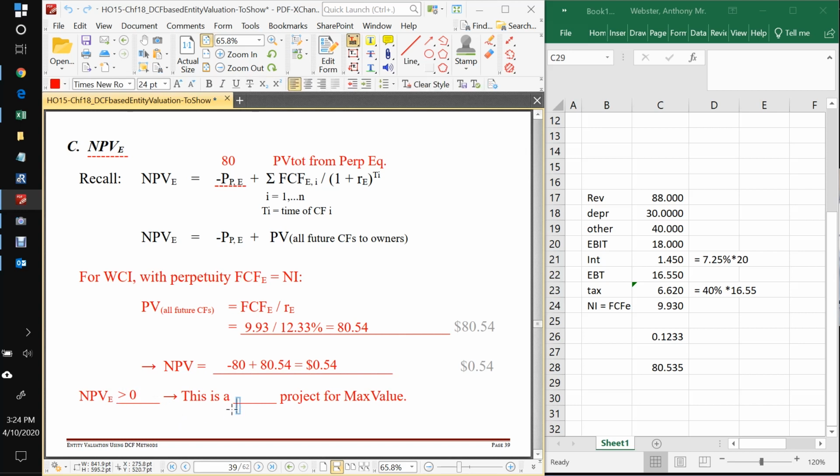And we know using our NPV rule, that makes this a good project for max value. So this model suggests that they should go ahead with that project. And again, as we've seen, there are a lot of problems with this model, but it's a good, simple model if they feel like for something like 10, 12 years, the market's going to remain stable, the firm's going to remain stable. It's not the worst model in the world to use.